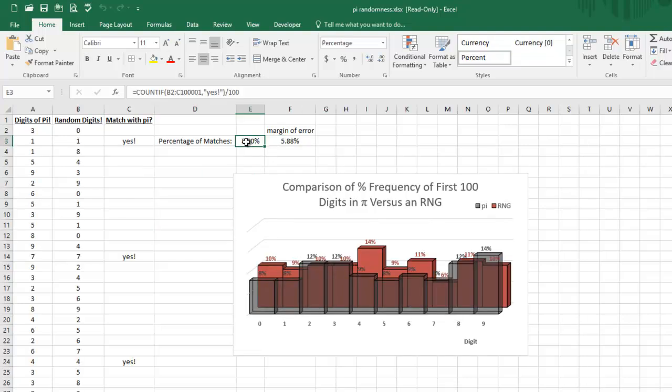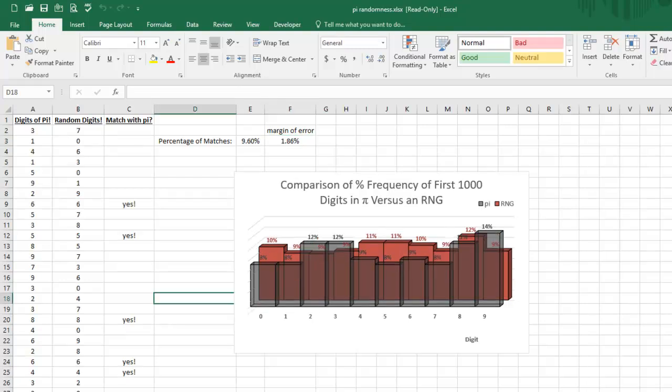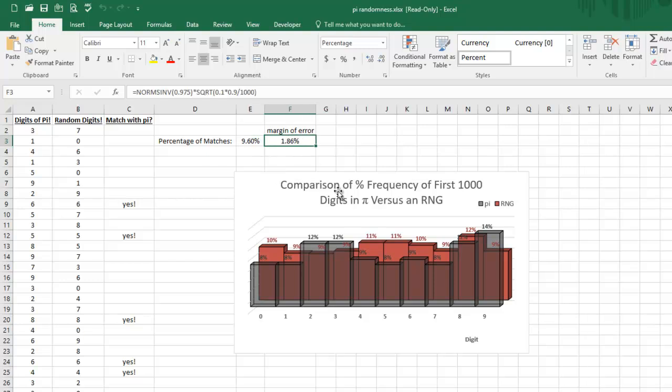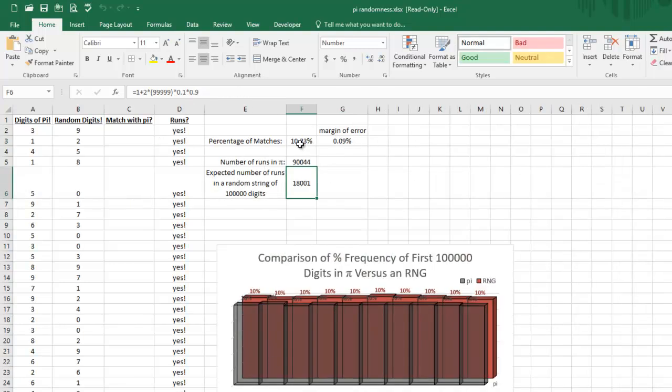How about 100 digits? If you take 8% and add and subtract 5.88, 10% is in there as well. If you take 9.6% and add and subtract 1.86, clearly 10% is in there. And with 100,000 digits, it goes 10.23% plus or minus 0.09. Now that one right there, it's not. That entire interval is above 10%, but not by much.